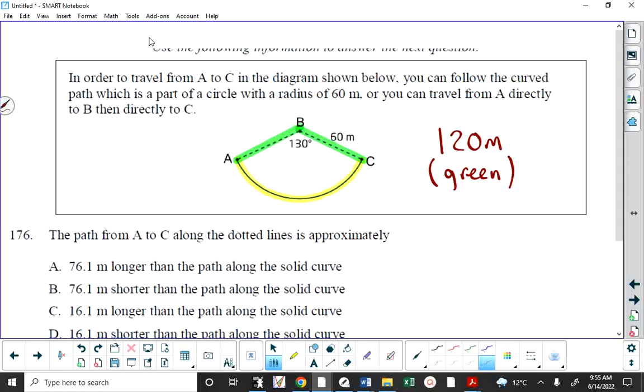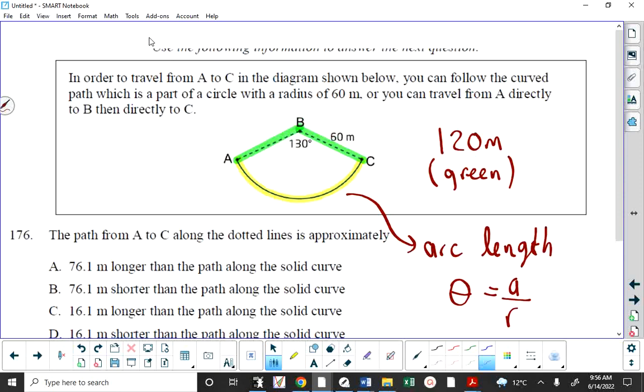And one of the things we learned in this trigonometry unit is that an arc length is related to the radius of the circle and the angle by the following formula. The angle equals the arc length over the radius. And we know the angle, it's 130 degrees, and we know the radius, it's 60 meters, so we can calculate the arc length.